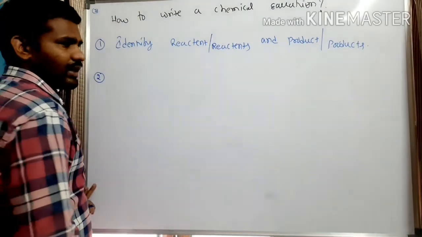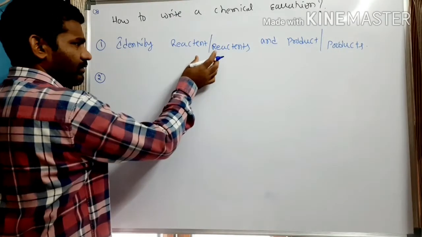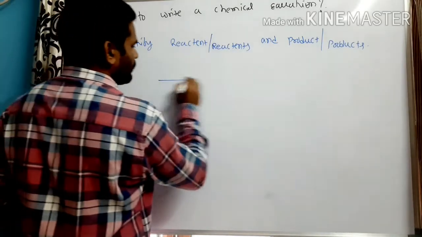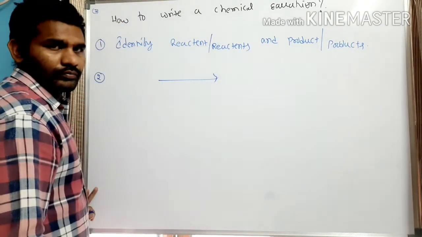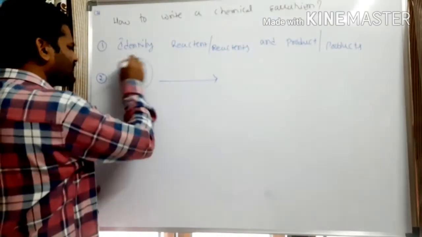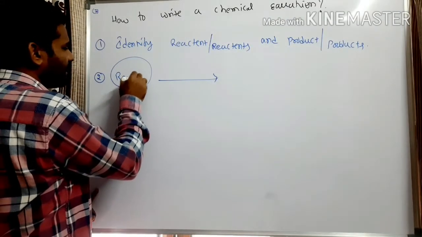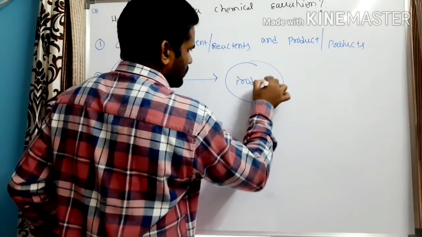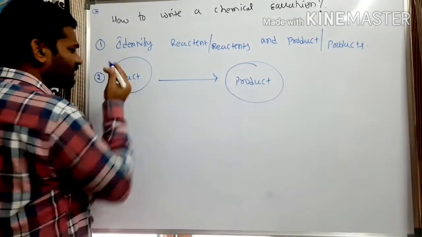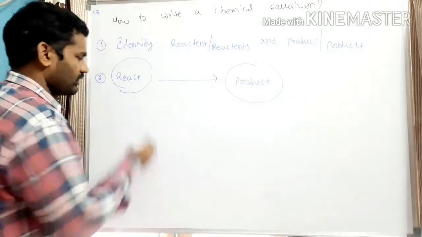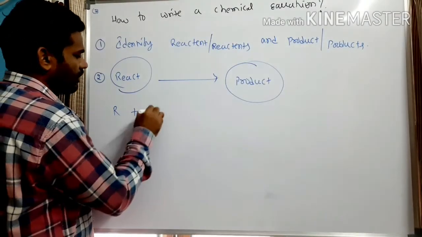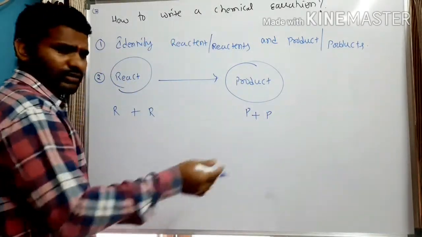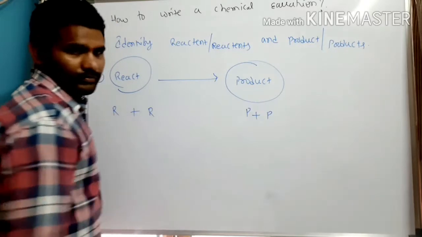Second step is to separate the reactants and products by using an arrow. On the left hand side of the arrow, write the reactants. On the right hand side of the arrow, write the products. If more than one reactant is there, separate the reactants by using a plus symbol.